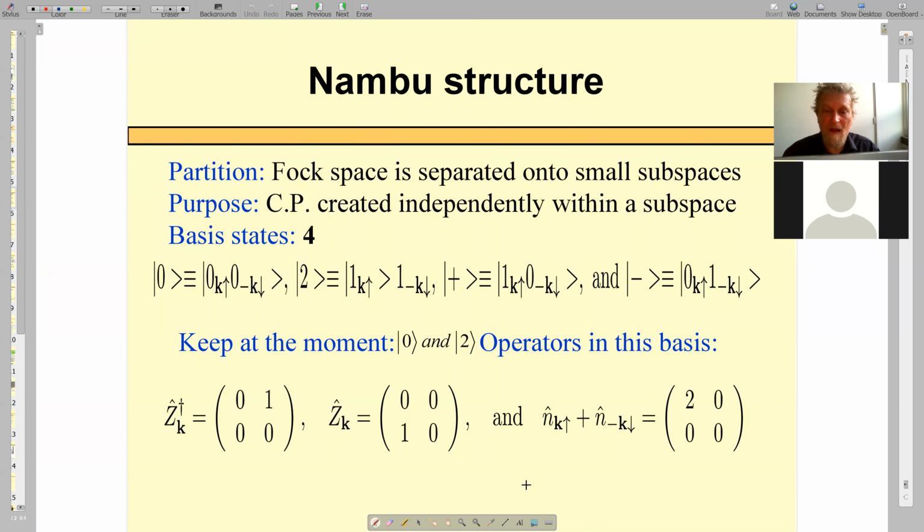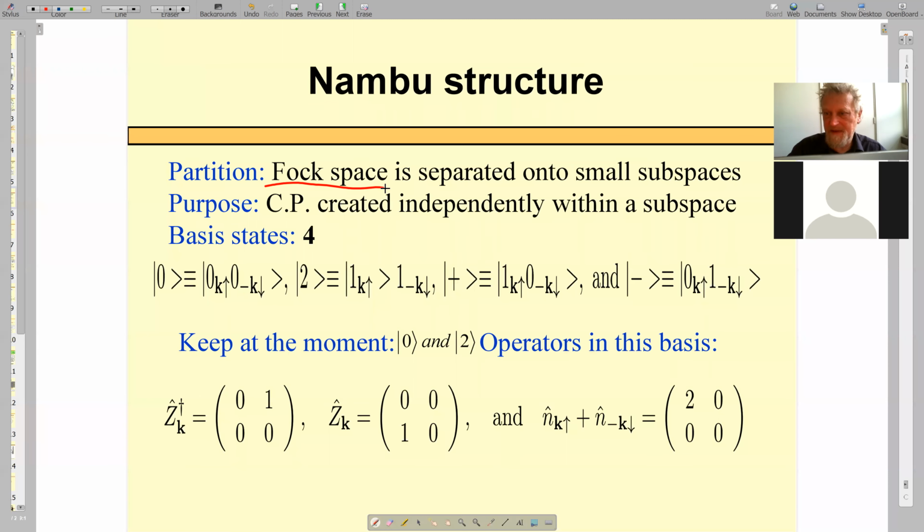do this program, and to do it efficiently, I need to talk about number structure. So what is this? It is in fact a convenient partition of the whole Fock space. The reason to make this partition is that Cooper pairs are created independently within each subspace.